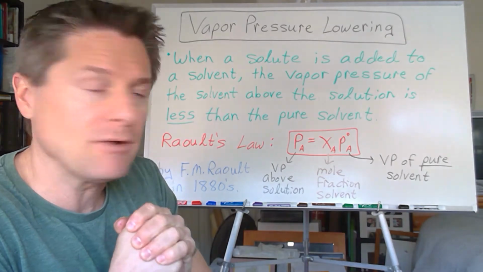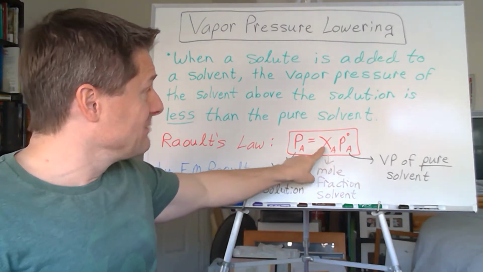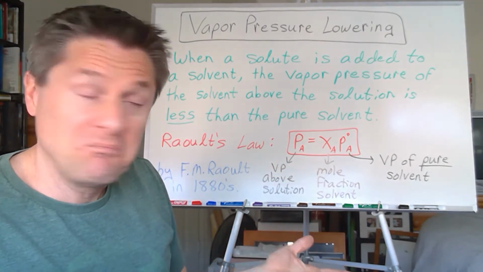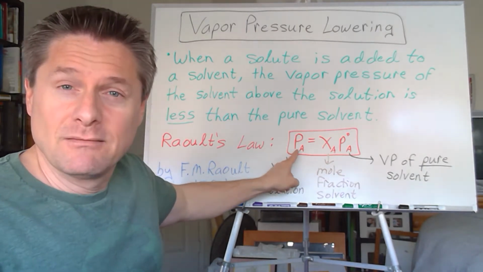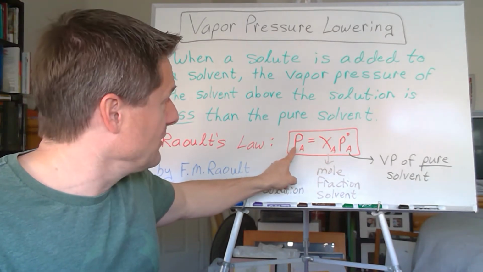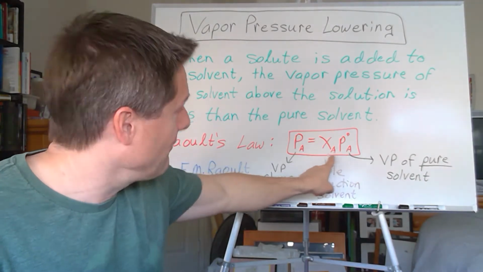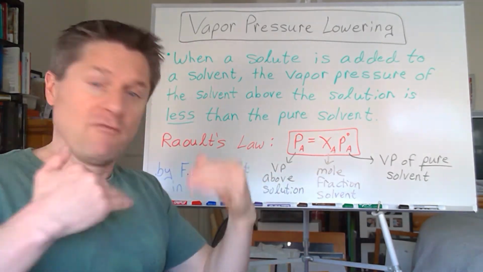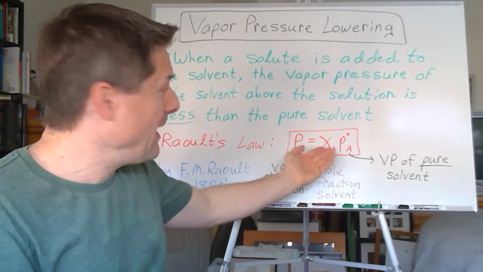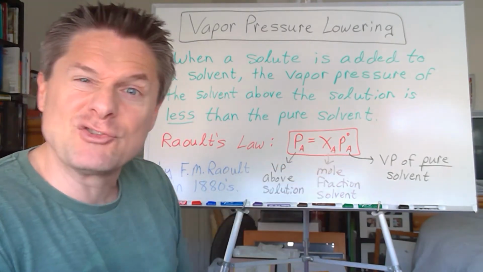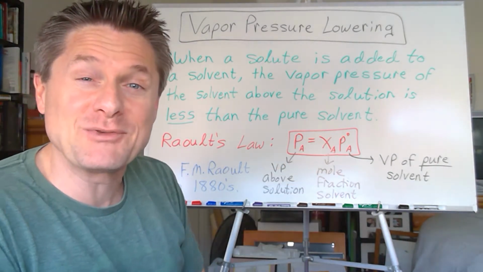Since mole fraction has to be less than 1, the vapor pressure of the solvent above the solution has to be less than that of the pure solvent. The sum of all the mole fractions equals 1, so it makes sense mathematically, and that's why we introduced mole fraction in one of the earlier videos on concentration.